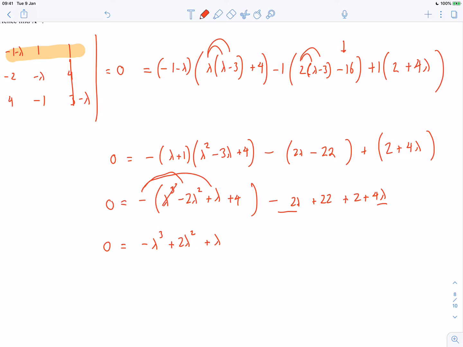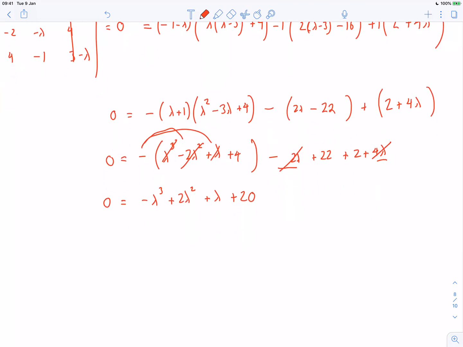So that's gone, that's gone, that's gone, that's gone, and that's gone. In terms of the numbers, I've got minus times positive 4, which is minus 4. And then I've got a plus 22, and then I've got a plus 2. So that's going to result in a positive 20. To tidy all this up, I'll times everything by negative 1 to get lambda cubed minus 2 lambda squared minus lambda minus 20 equals 0. And I'm quite happy with that being my characteristic equation.